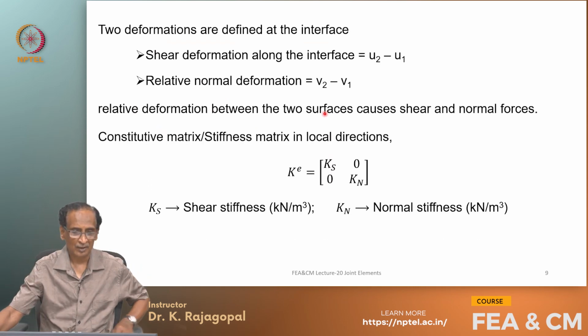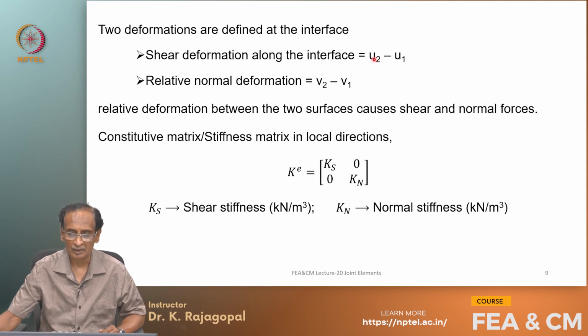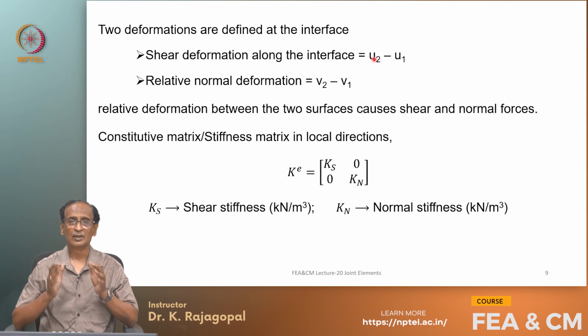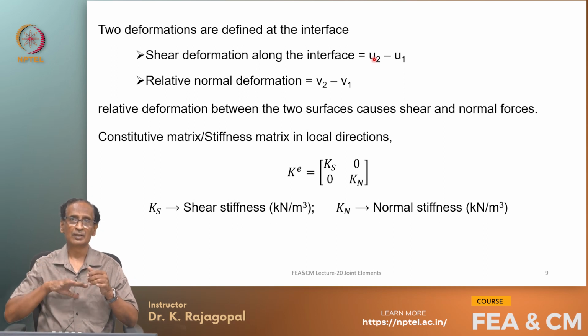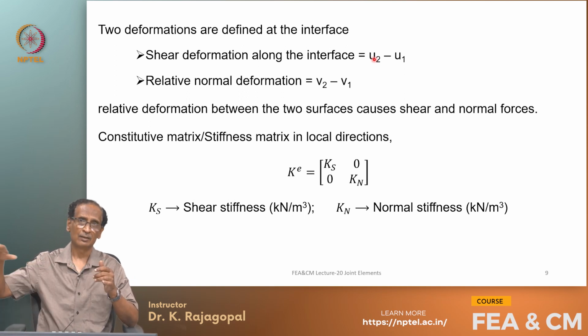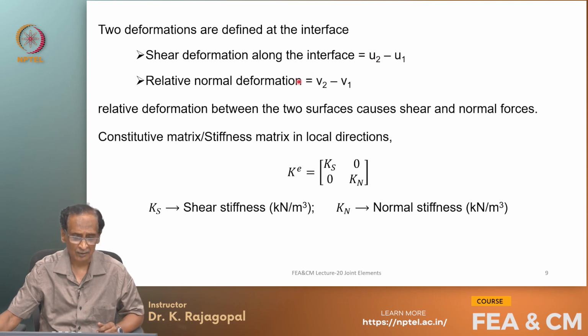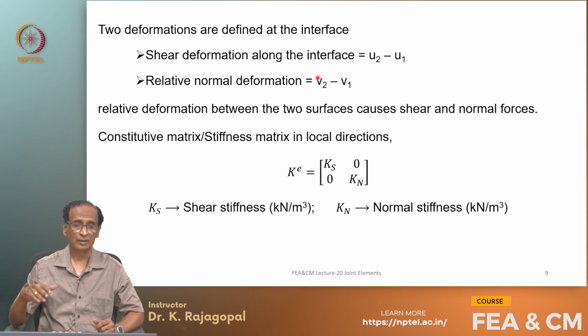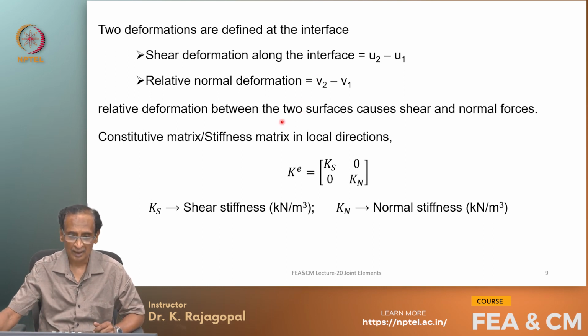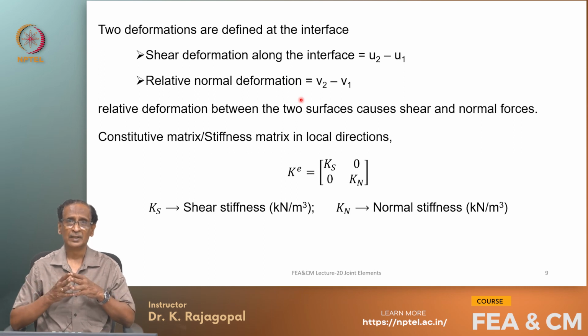And we will have a shear deformation along the interface, that is u2 minus u1, where u2 and u1 are the shear displacements tangential to the interface, and the relative normal deformation is v2 minus v1, that is normal to the interface direction, and these are relative to the interface. These are not global displacements.